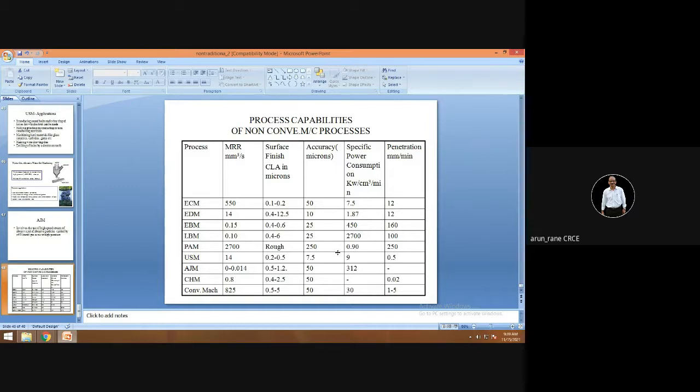The surface finish and accuracy will not be good. That is exactly what is happening in plasma arc machining. You have very high material removal rate, but the accuracy is very low, that is 250 microns. So that's why PAM, plasma arc machining, is used for roughing, for rough machining.